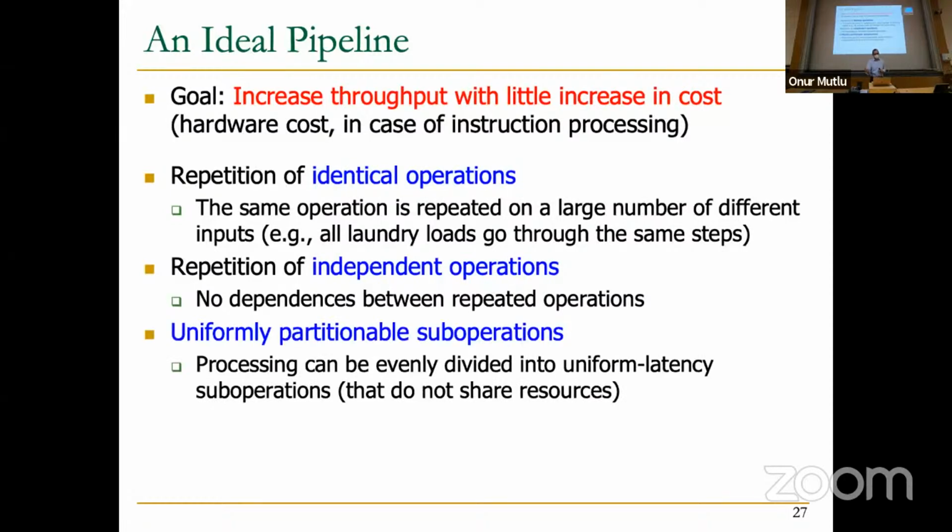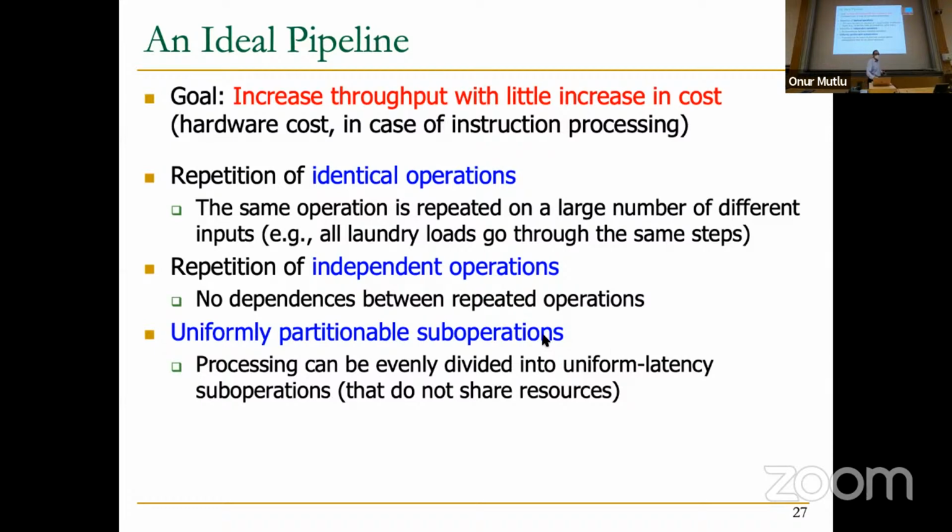And then the third property is uniformly partitionable sub-operations. This is a mouthful phrase. But basically, this means that processing can be evenly divided into uniform latency stages that do not share resources, ideally. So basically, every stage takes X cycles, let's say, or X time, and they do not share resources. This actually can be true in a laundry.